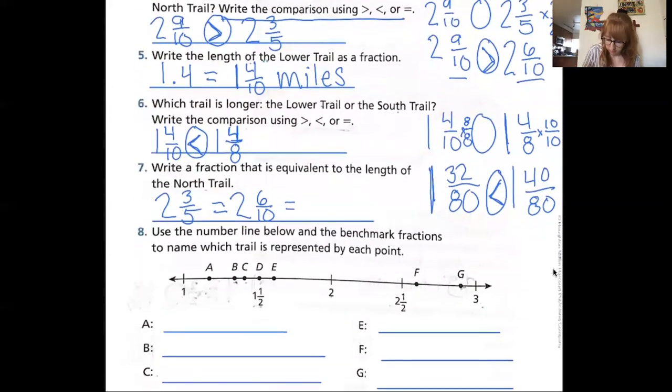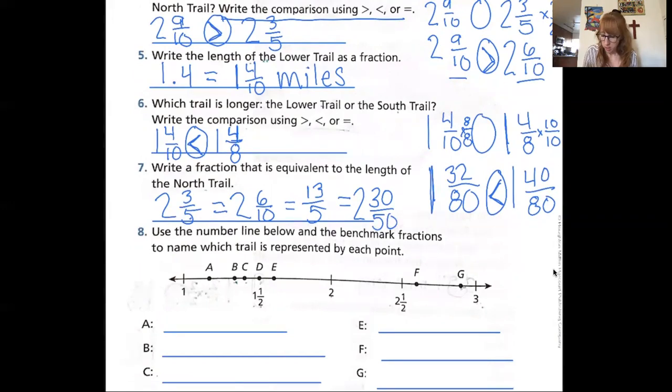So 2 times 5 is 10, plus 3 would be 13/5. That's also the same. Or we can multiply 3/5 by tens and make it 2 30/50. Those are all equivalent to 2 3/5.